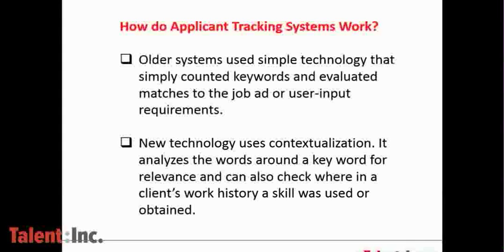So, for example, if somebody lists Java programming in a job 8 years ago, that's going to count differently than somebody who's using Java programming every day on their current job.